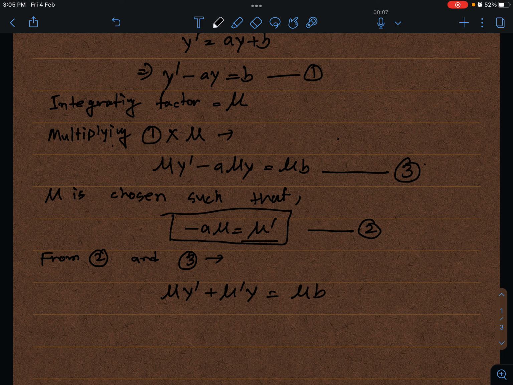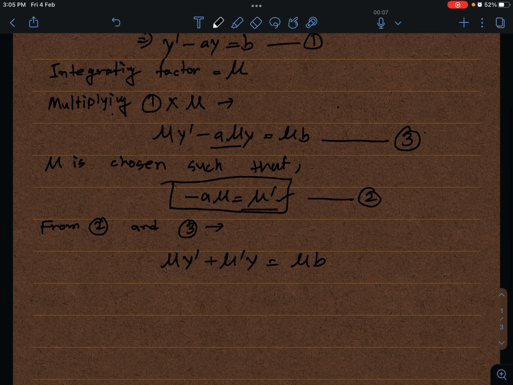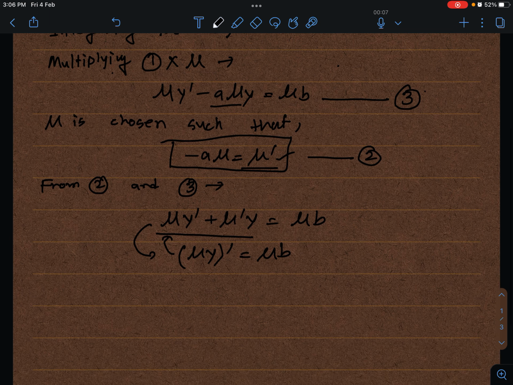So we basically replaced the minus a mu by this mu prime. On the left hand side you can see that this is basically a total derivative of the product of these two functions. So this can be written as (mu y) whole prime equals mu b. So this is the product rule of derivatives.